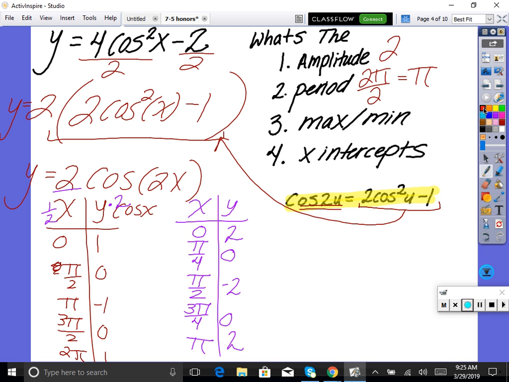So now we'll list out our maxes. Go to your y values. Isn't the highest y value going to be your max xy point or points? So right here, isn't over 0 up 2 going to be a max? Isn't over pi halves, 2 also going to be a max? Okay, let's go on to minimums. Isn't the lowest y value going to be the minimum? So there's our min, and then look, these are the x-intercepts, or the zeros, aren't they?